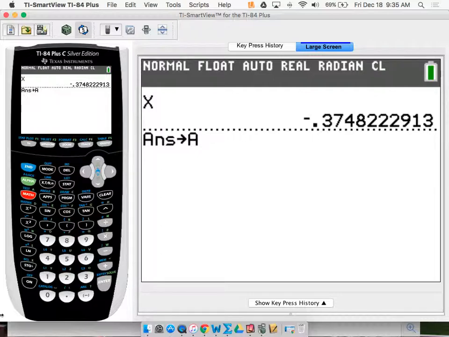Yes. So you got the same thing that I did. So you're going to go to the home screen, you're going to hit X, enter, store, green, math.